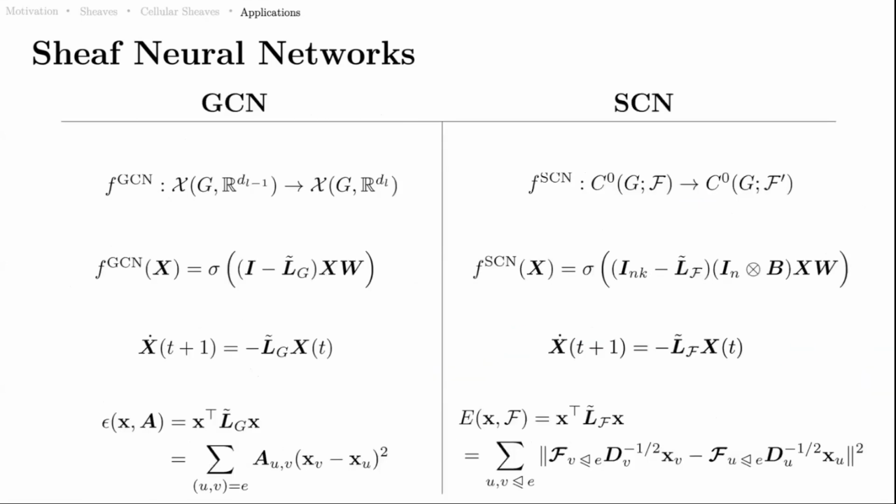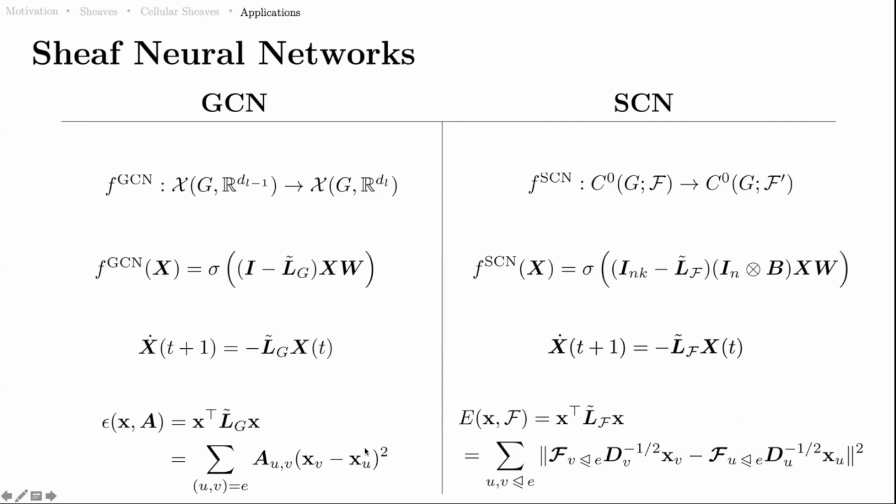So we're diffusing with respect to the constraints imposed by the restriction maps, so the constraints of the sheaf. And just as a comparison of these two methods within this notation, which I've built up at the beginning, the main takeaway here is that the Dirichlet energy, which we're implicitly minimizing by stacking these layers, is being minimized both within graph convolutional neural networks and sheaf convolutional neural networks.